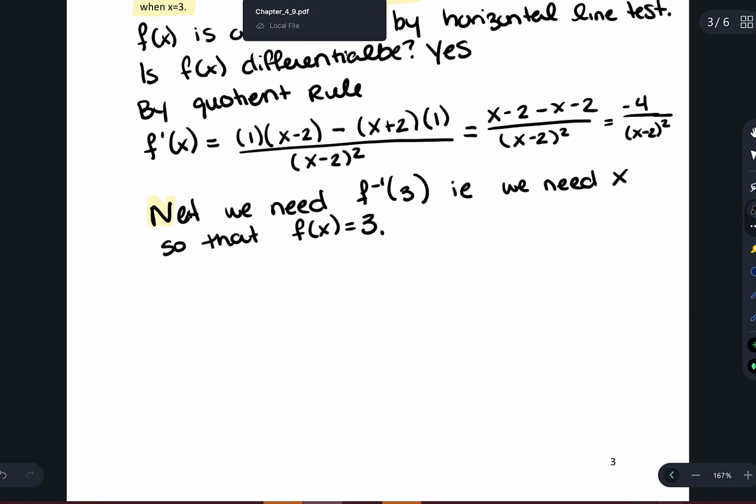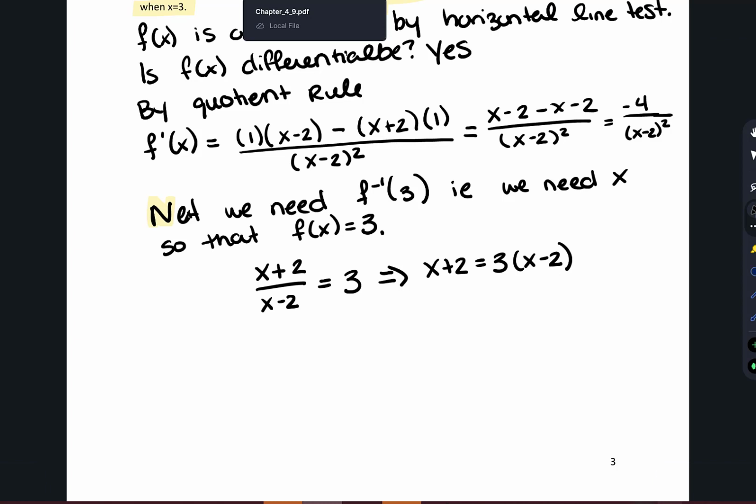So to find this, what we can do is we can take our function (x plus 2) over (x minus 2), and we can set it equal to 3, and then we can find out which x that suggests. So here, multiplying both sides of the equation by x minus 2, we get that.